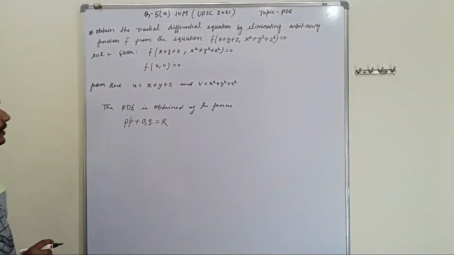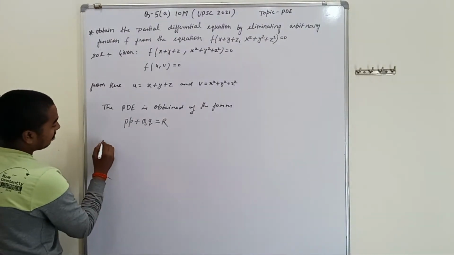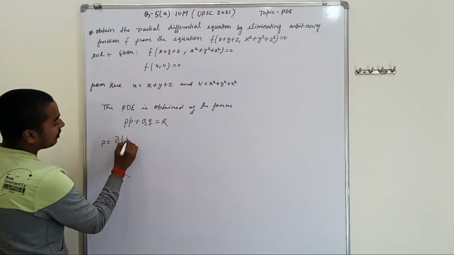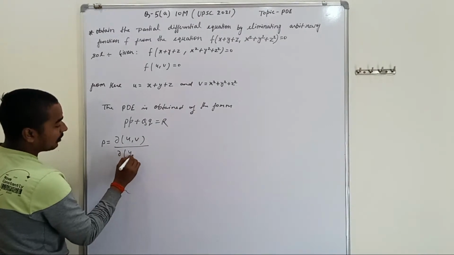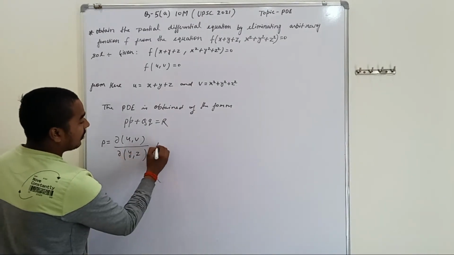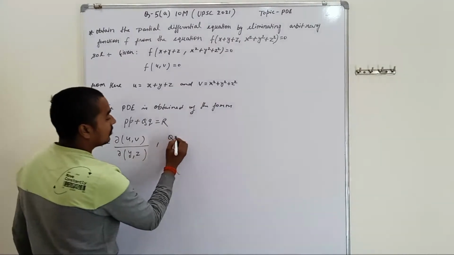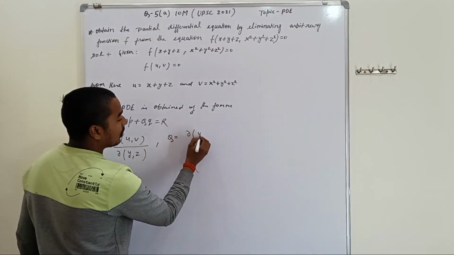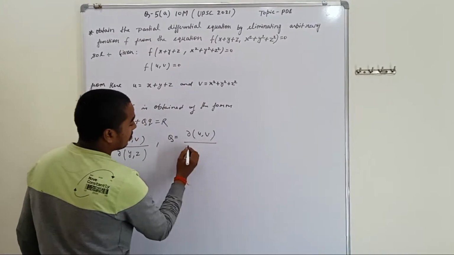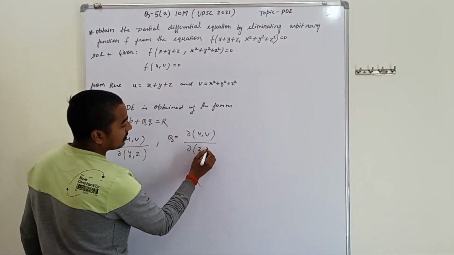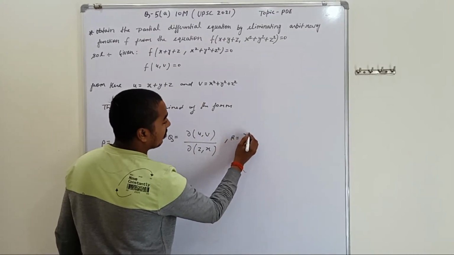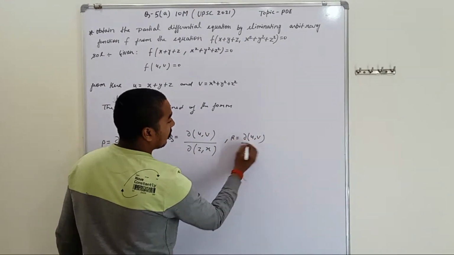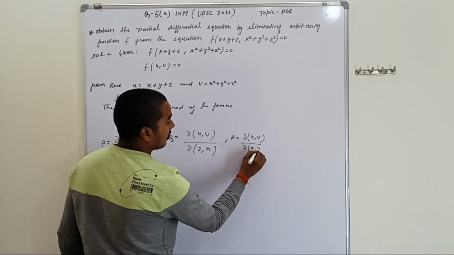P p plus Q q is equal to R. We have to find the values of P, Q and R. P is given by del of (u, v) upon del of (y, z), Q is given by del of (u, v) upon del of (z, x), and R is given by del of (u, v) upon del of (x, y).